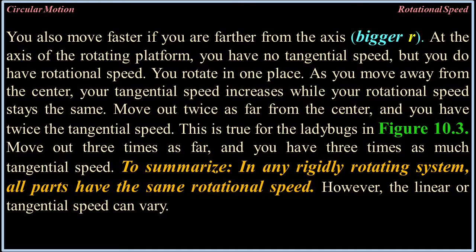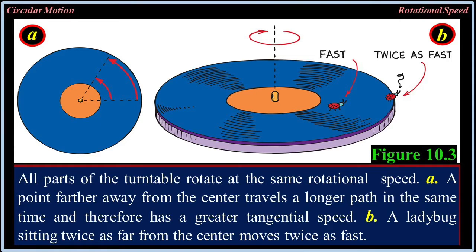As you move away from the center, your tangential speed increases while your rotational speed stays the same. Move out twice as far from the center, and you have twice the tangential speed. This is true for the ladybugs in figure 10.3. Move out 3 times as far, and you have 3 times as much tangential speed.